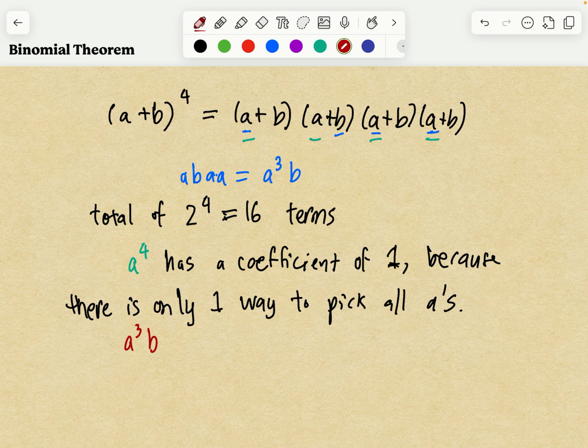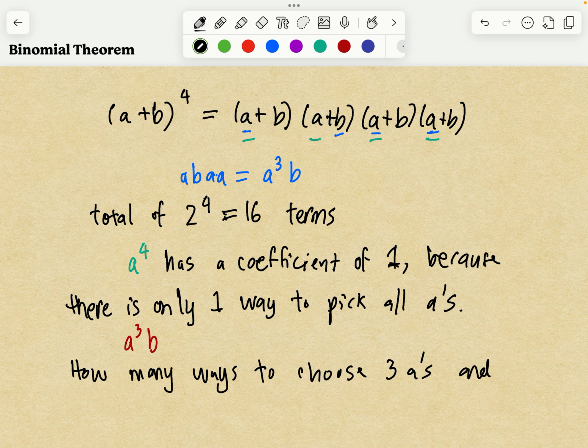But what are the other possibilities? Well, you're picking 3 a's and 1 b, right? So how many ways can you choose 3 a's and 1 b out of the possibilities?